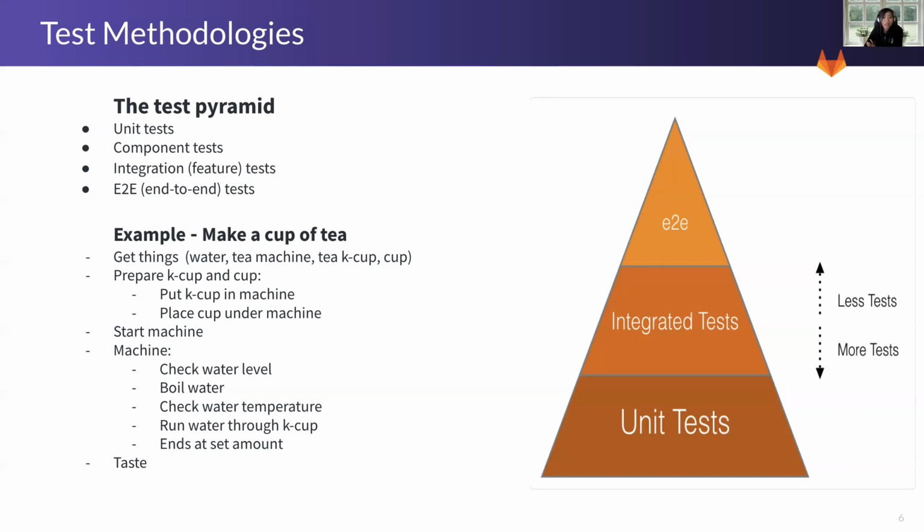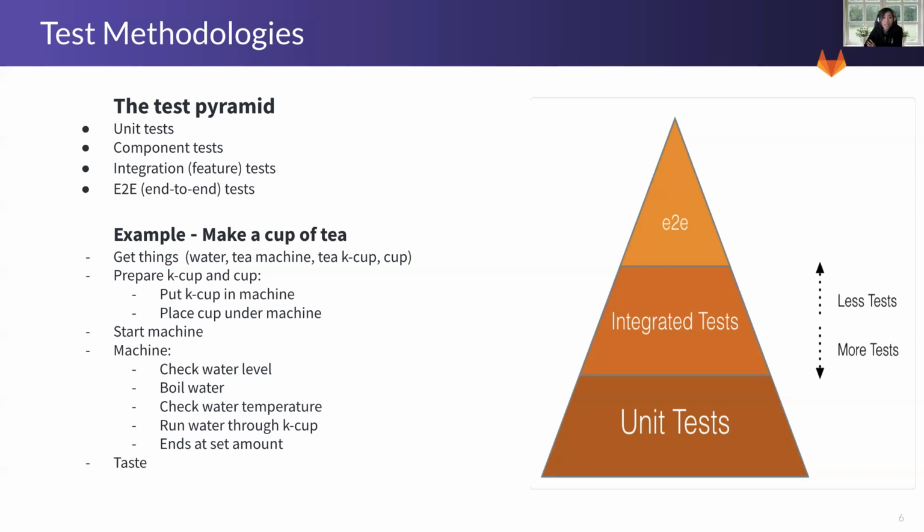And then, as you can see, the next step, we have 2 sub-steps. So I would say all 3 together, let's call them a feature. And so in prepare K-cup and cup feature, we definitely need unit tests for each step, the main step and the 2 sub-steps. After that, we have 1 integrated test for the feature where we combine all of these steps together.